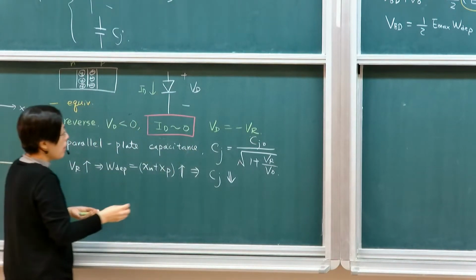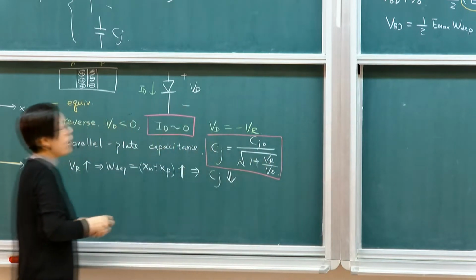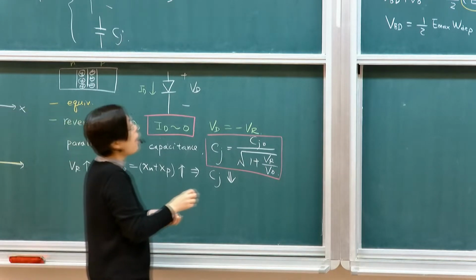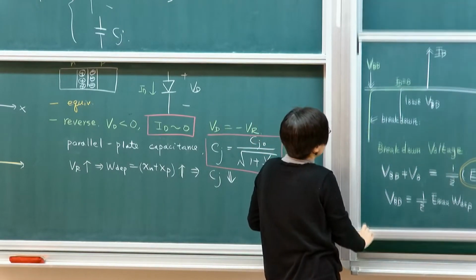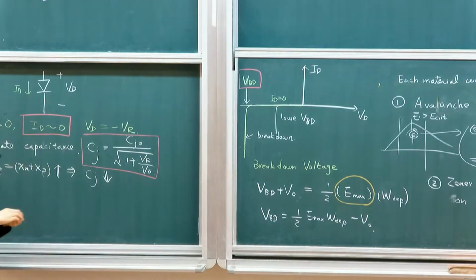The other key parameter is that it has a junction capacitance which reduces with increased voltage. And the last key parameter you want to know is its breakdown. How much can it sustain? Typically, what we want to know is the maximum voltage I can apply on this diode and the circuit will not break.